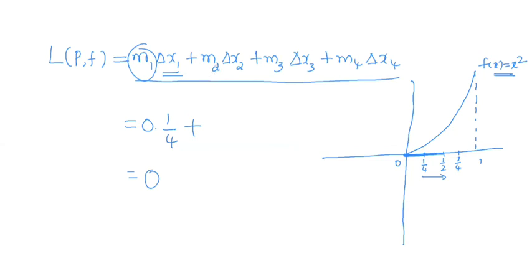So m2 is the least value of f of x in this interval, which corresponds to the least value of x. The least value of x in this interval is 1 by 4. Corresponding to that, you get m2, which we got to be, I think, 1 by 16, right?